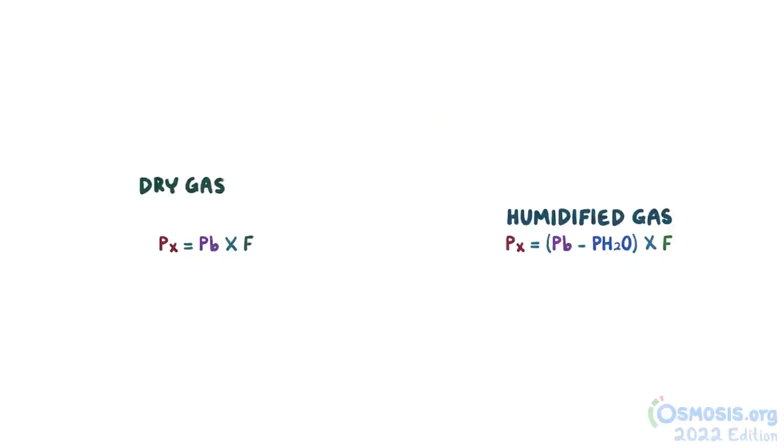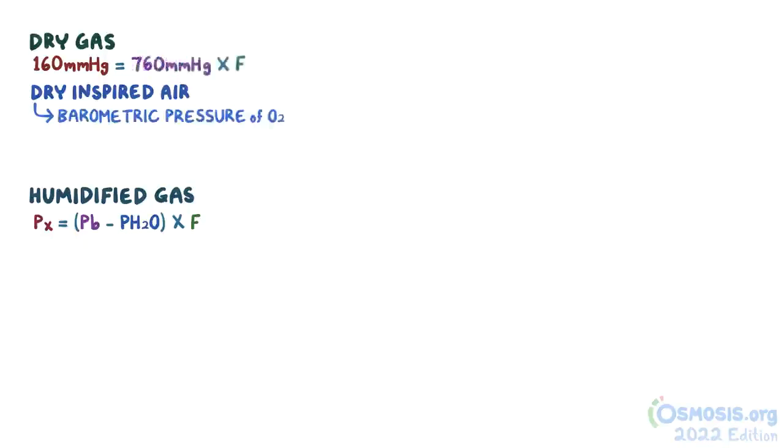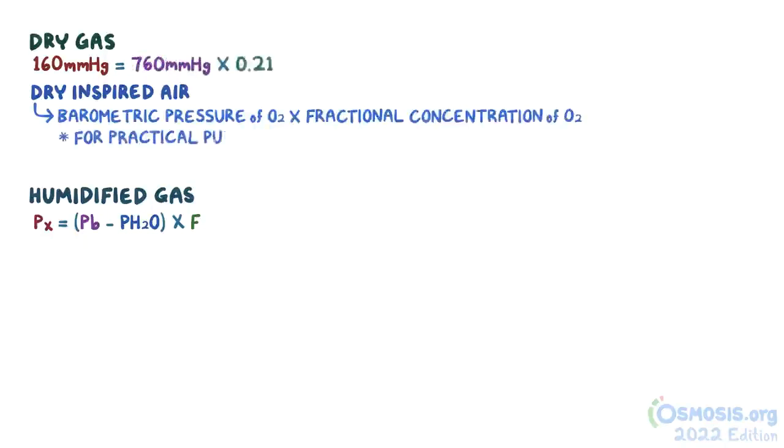To exemplify this, in dry inspired air, the partial pressure of oxygen is approximately 160 millimeters of mercury, which is computed by multiplying the barometric pressure, which is 760 millimeters of mercury, by the fractional concentration of oxygen, 21%. For practical purposes, there is no carbon dioxide in dry inspired air, and the partial pressure of carbon dioxide is 0.